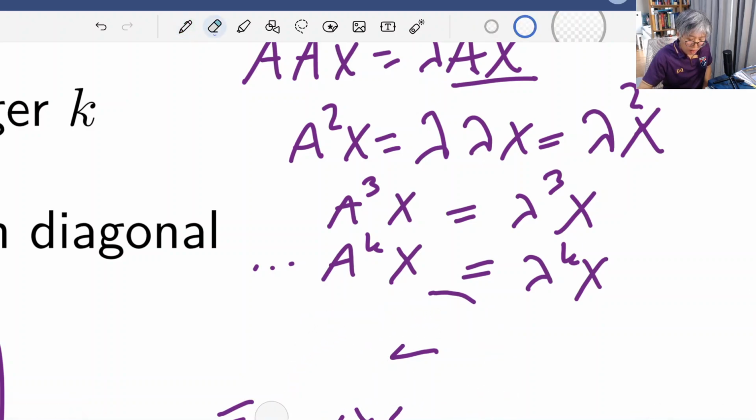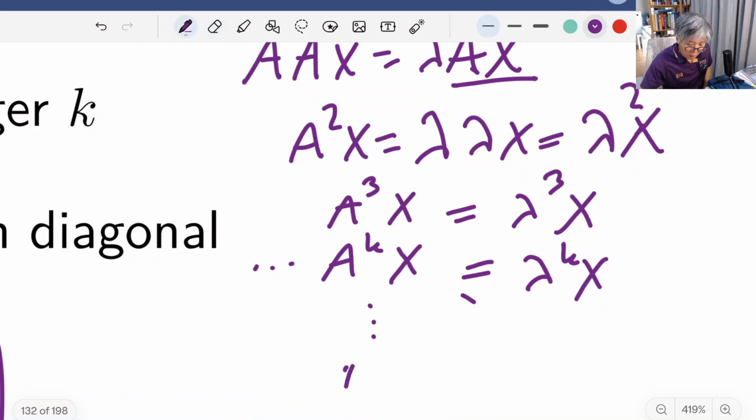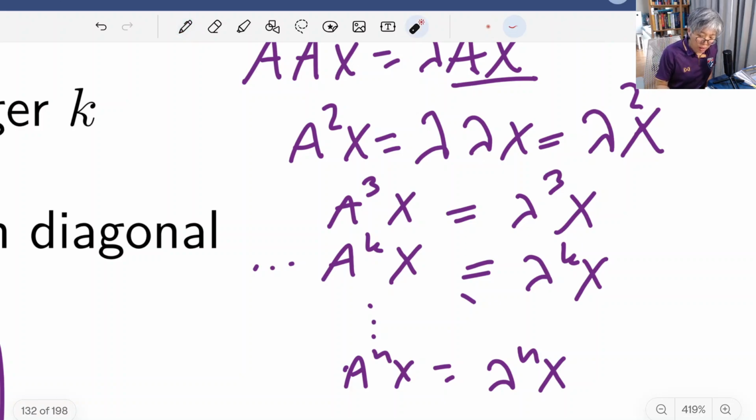You can do this further until you get A to the n x, and that gives you lambda to the n x.